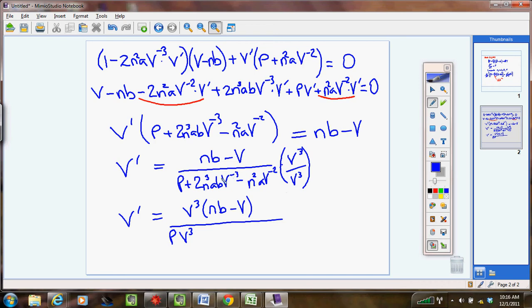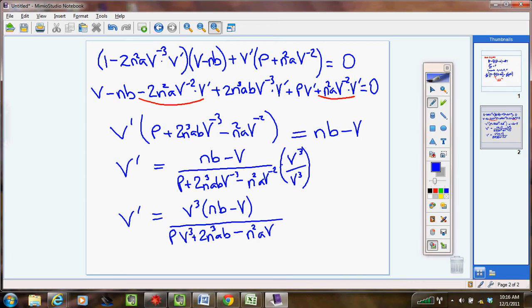The v cubed times the v to the negative 3 cancel. That was the purpose of that term. So then I'll have a plus 2 n cubed ab. And then when I multiply this, the v to the power of negative 2 times v cubed, add those exponents, I'll just get a single factor of v. I'll have a minus n squared a v. And we have our v prime.